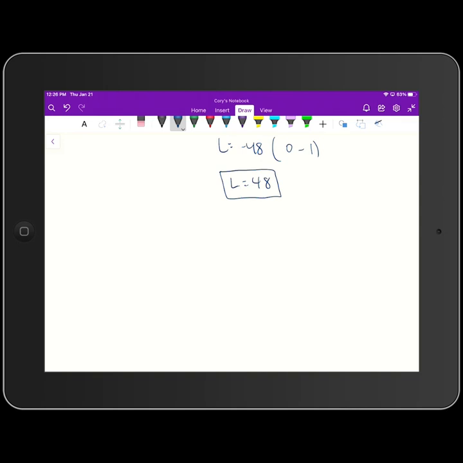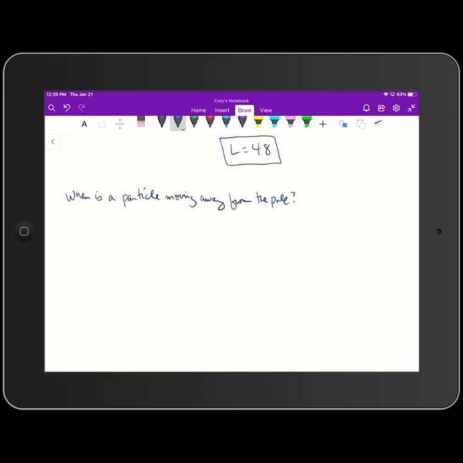Part number 1 is, when is a particle moving away from the pole? And question 2 asks, when is a particle moving toward the pole?